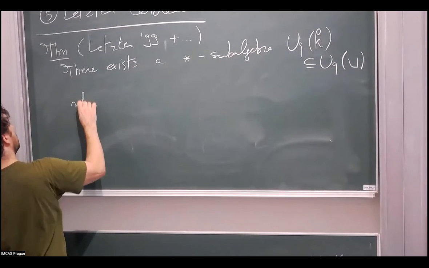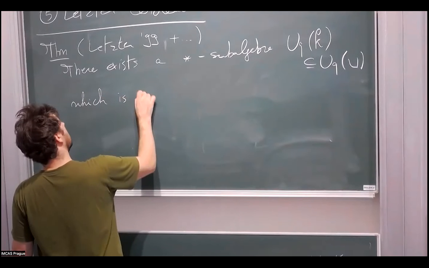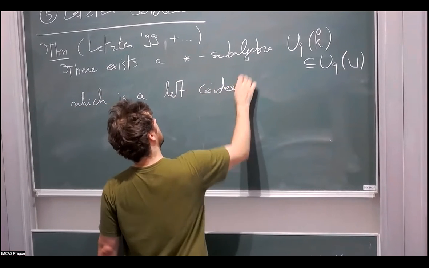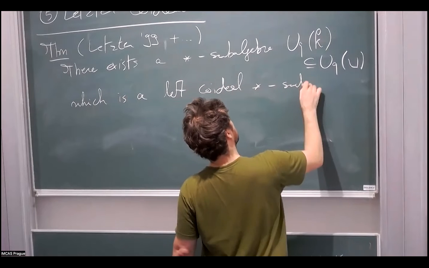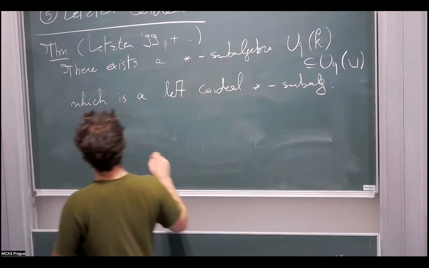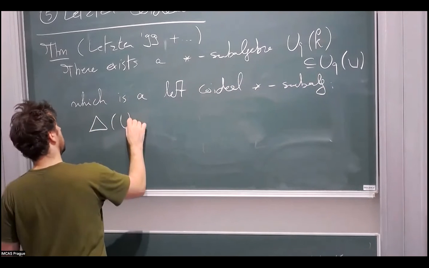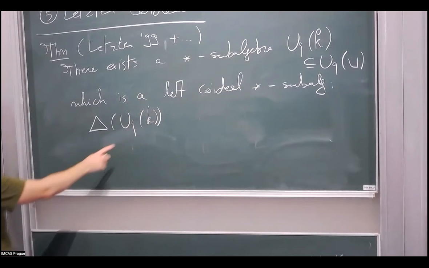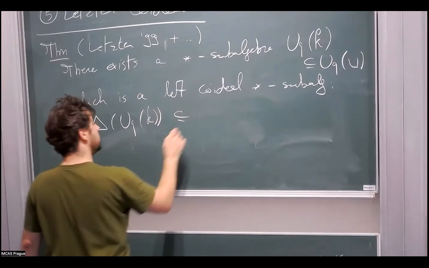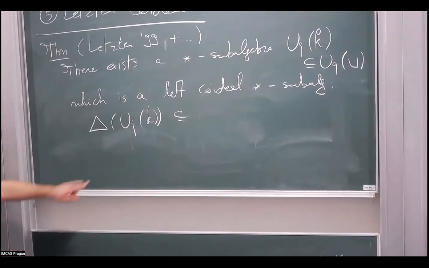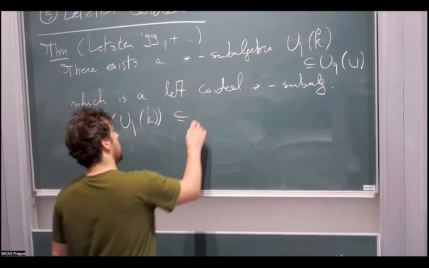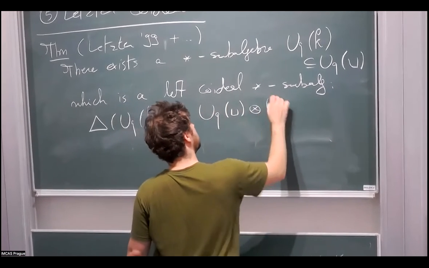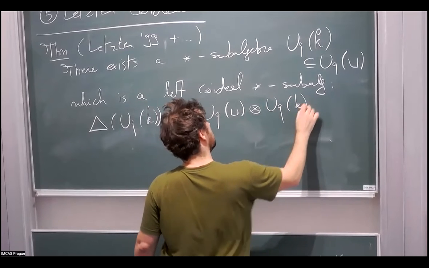So it is a left co-ideal star subalgebra, which means that if I apply my coproduct of UQ U to the subalgebra, so it's not a Hopf-star subalgebra, I won't land in UQ K tensor UQ K, but I get the next best thing where at least one of the legs lands back in UQ K.